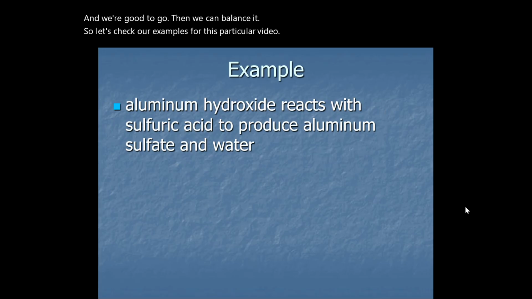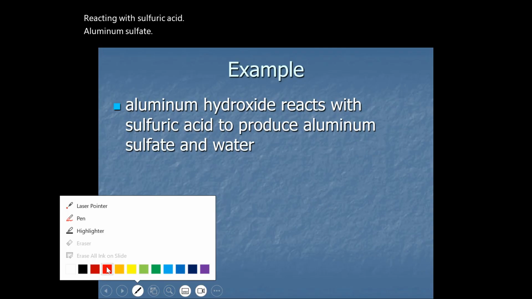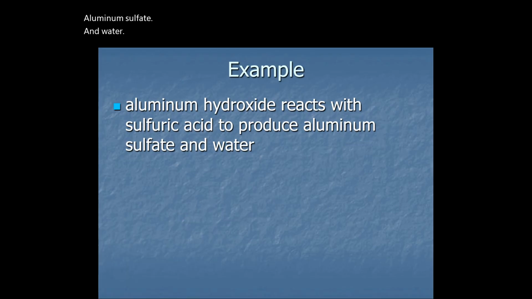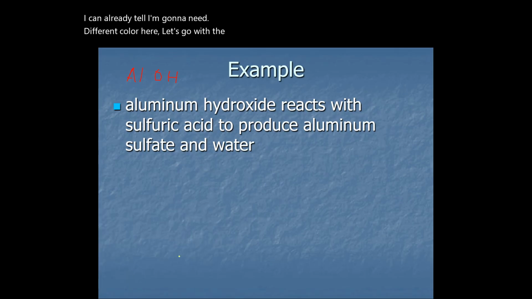So the first example has aluminum hydroxide reacting with sulfuric acid to produce aluminum sulfate and water. So we know that aluminum hydroxide is Al, hydroxide is OH.